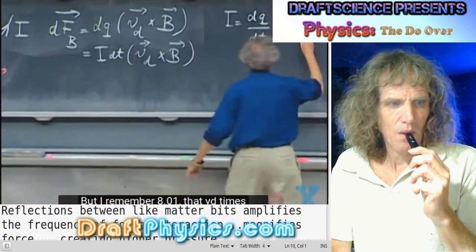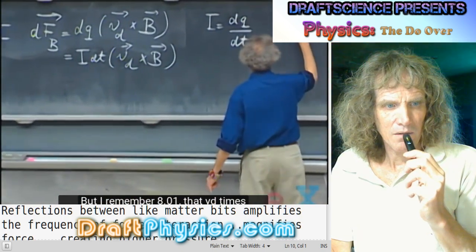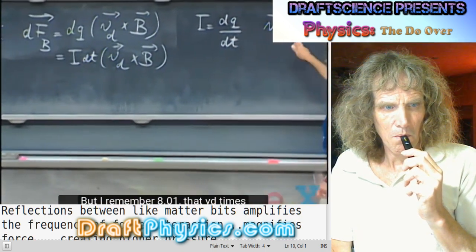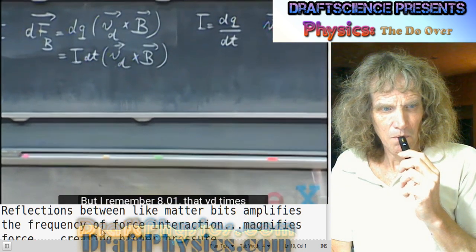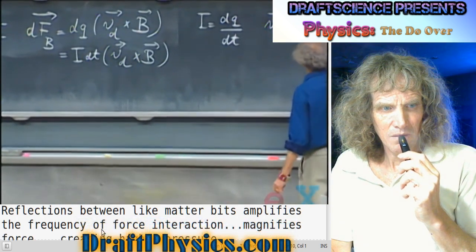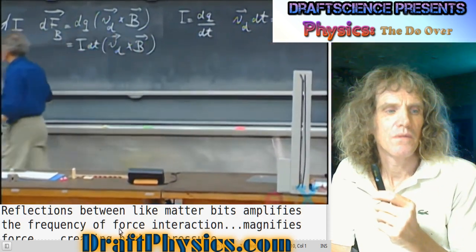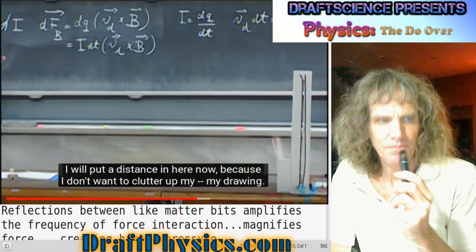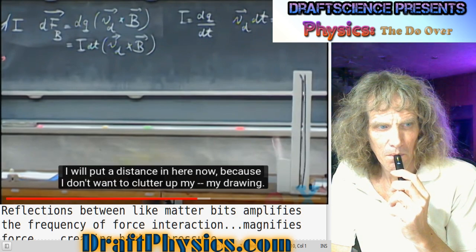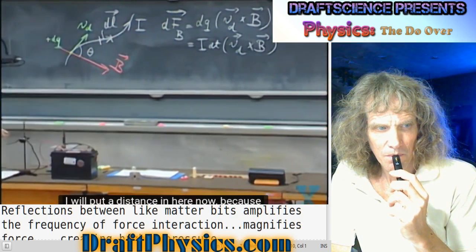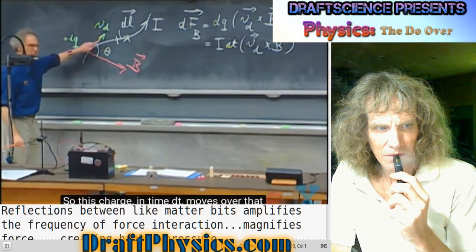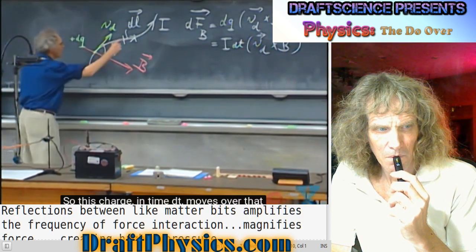But I remember, Vd times dt, that is a speed times a time, is a distance. And I call that distance dl. It's a distance along the wire. I will put the distance in here now because I don't want to clutter up my drawing. So this charge in time dt moves over that distance.